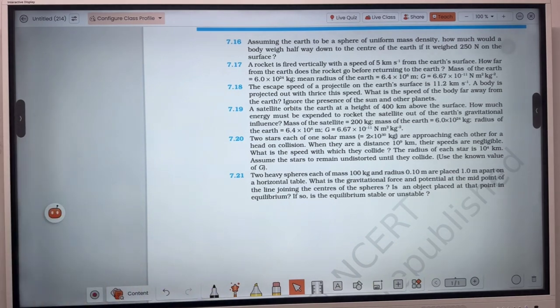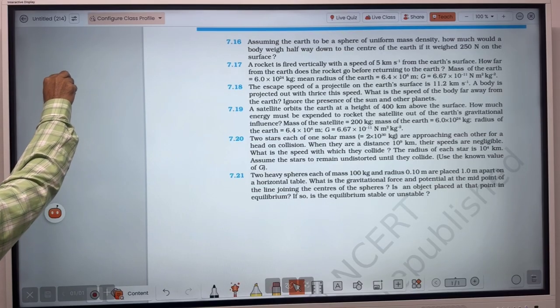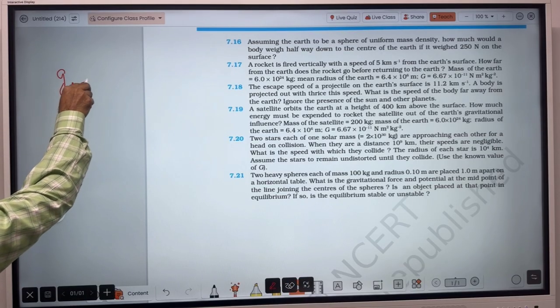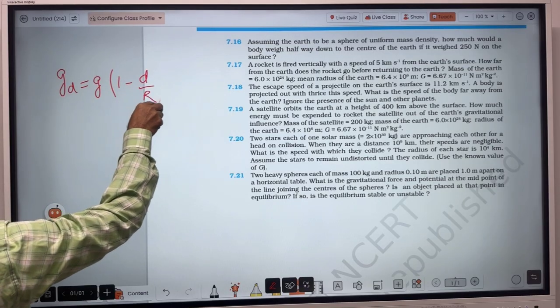It says, assuming the Earth to be a sphere of uniform mass density, how much would a body weigh halfway down to the center of Earth if it weighs 250 Newton on the surface? So again, you have to find the value of g at depth. g at depth is given by g times (1 minus d upon R).